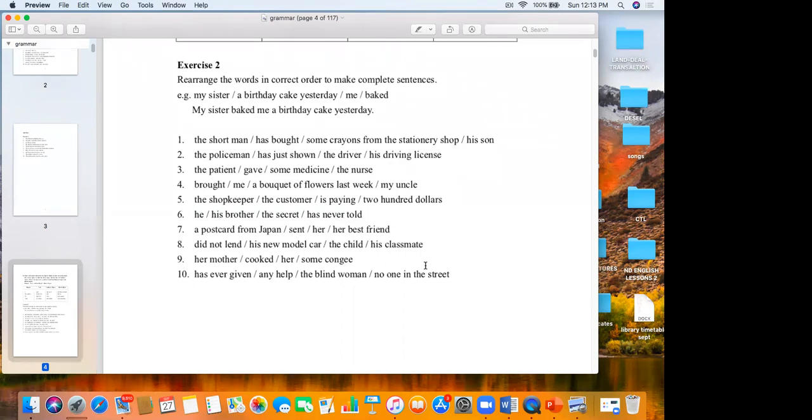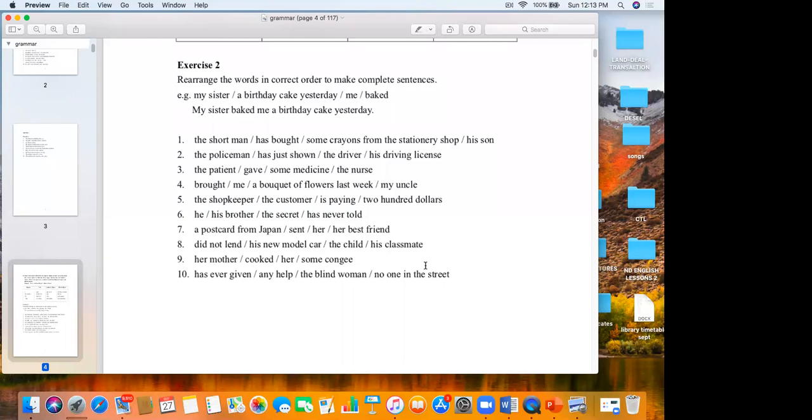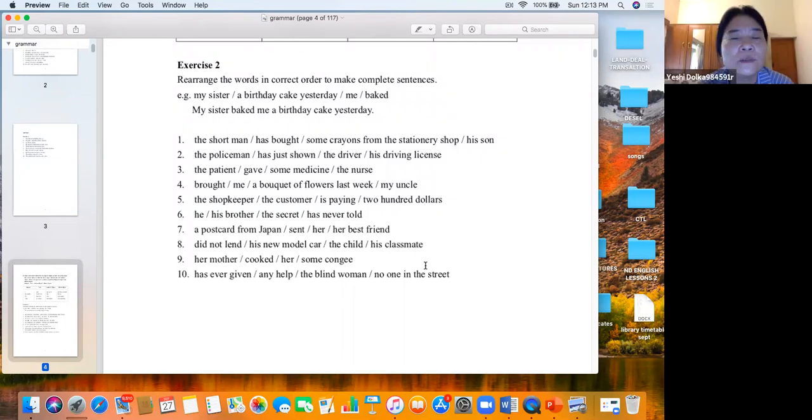Stationery shop, bookshop. A pen, a ruler, a rubber, that's called a stationery shop.